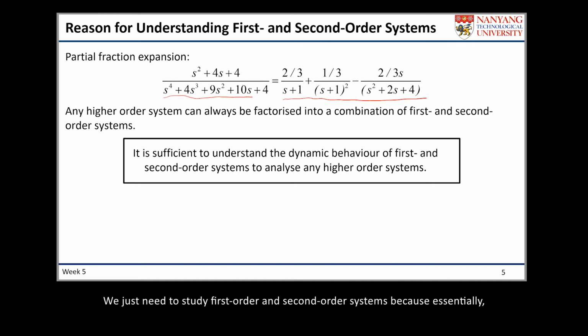We just need to study first order and second order systems, because essentially any higher order system can always be represented by a combination of first order and second order systems. So this is the motivation why, in the next 2 topics, we only discuss first order and second order systems.